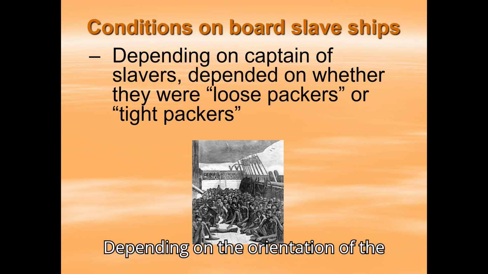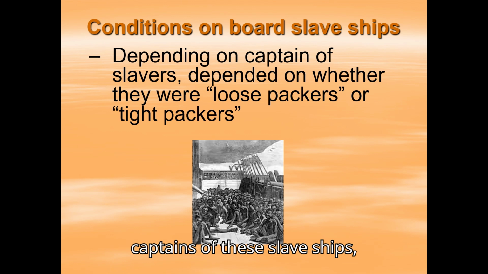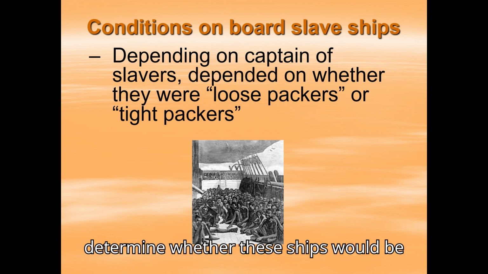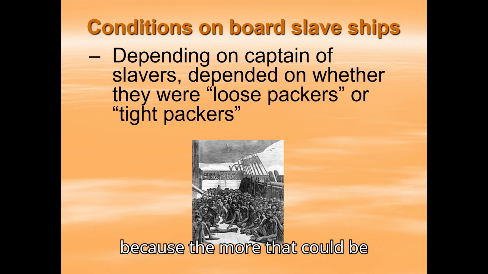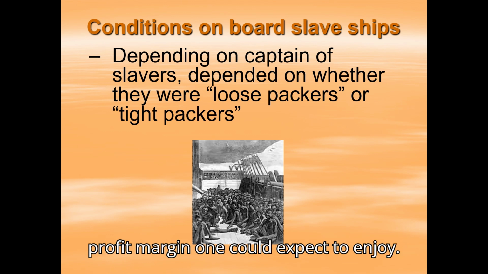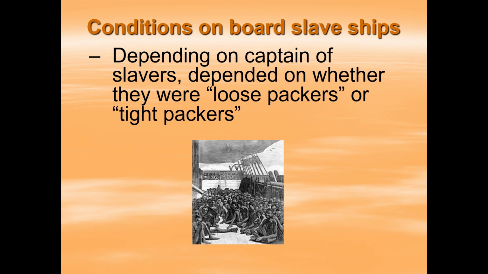Depending on the orientation of the captains of these slave ships determined whether these ships would be loosely packed or tightly packed. Most slave ship captains were tight packers. Tight packers carried huge quantities of enslaved people because the more that could be transported at once, the higher the profit margin one could expect to enjoy.